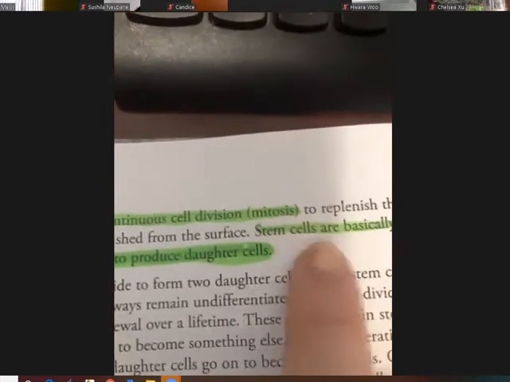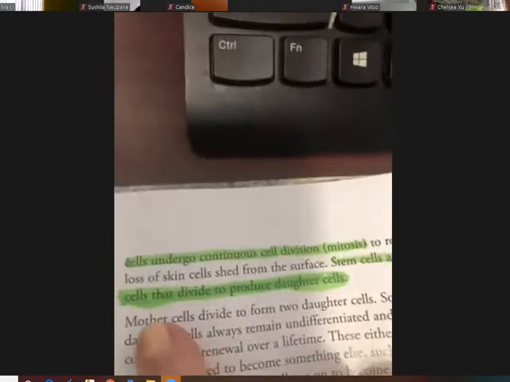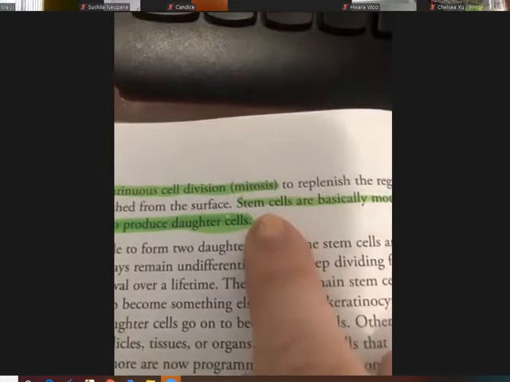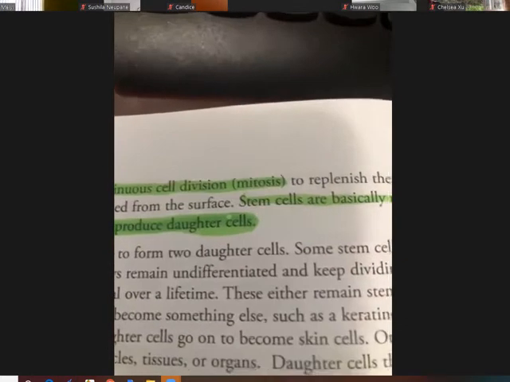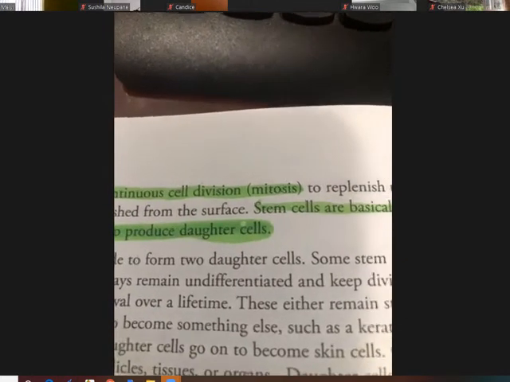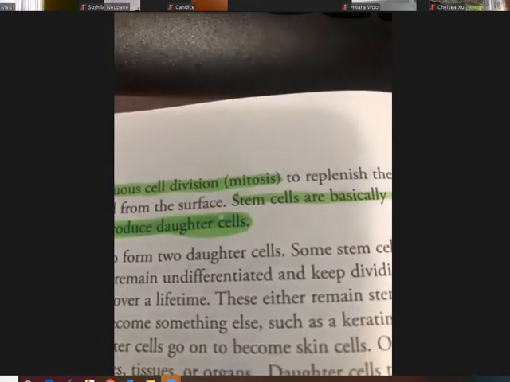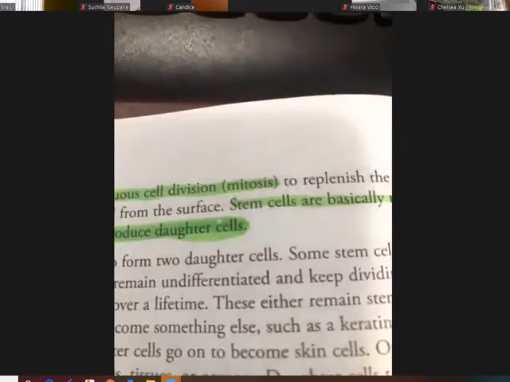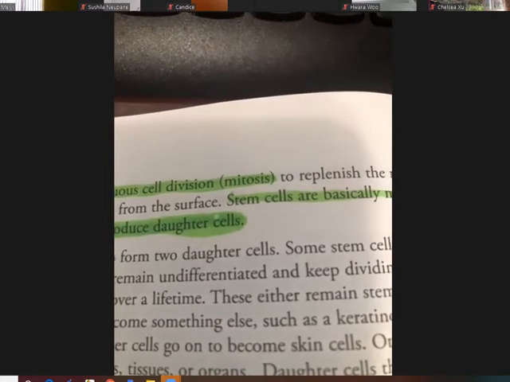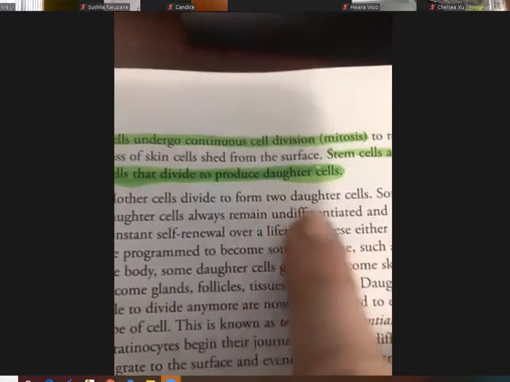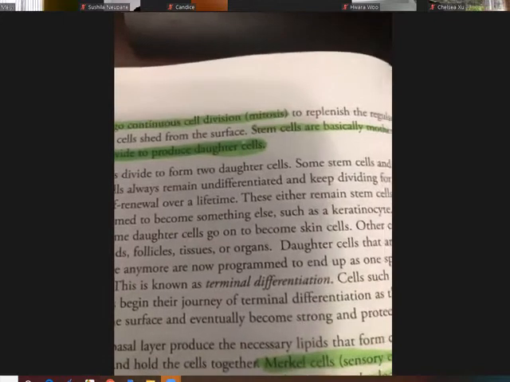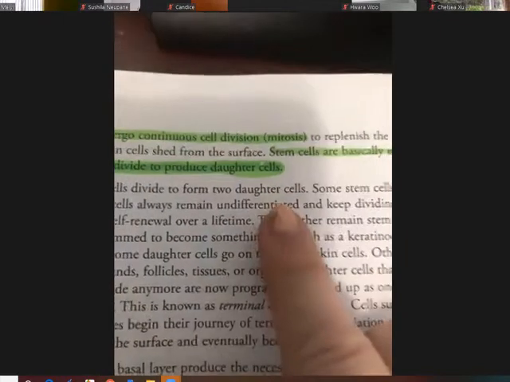This kind of cell is called a stem cell, the mother cell that divides into daughter cells. The mother cell, called a stem cell, divides to form 2 daughter cells.